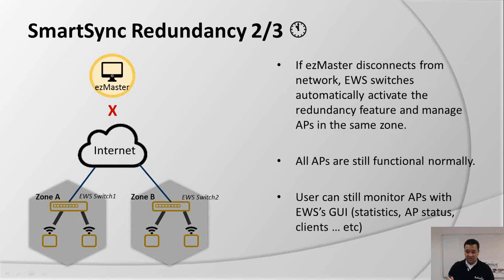But if the ezMaster disconnects from the network, the switches that are in the network automatically activate the redundancy feature and manage the access points in the same zone. All access points will still function normally, and users can still monitor the access points through the switch instead of the ezMaster.